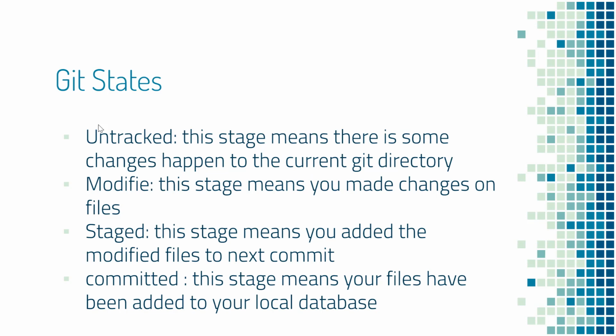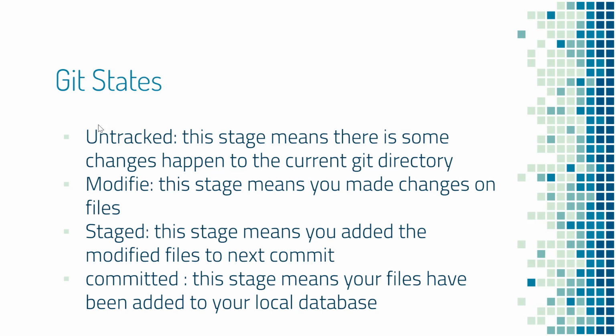This is the first state. The second state is modified. Modified means you made changes to the file, but you haven't committed yet, or you added the file or changed the file.